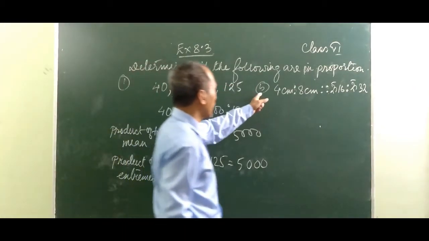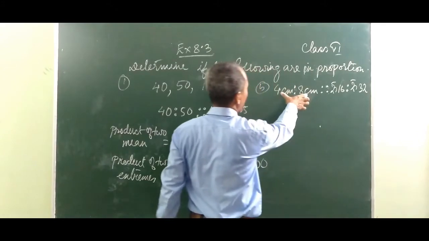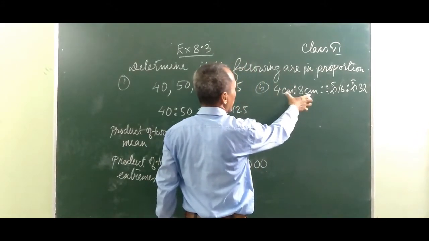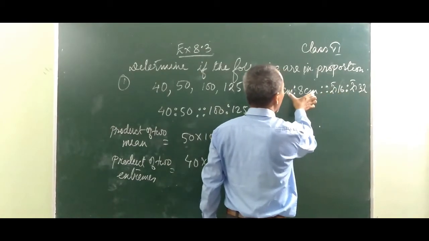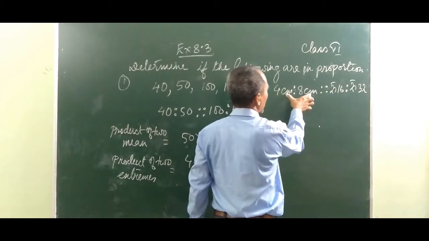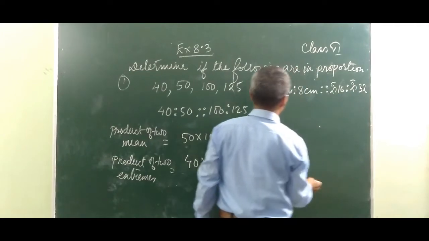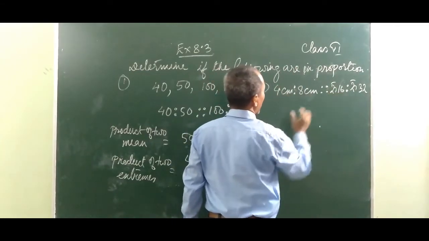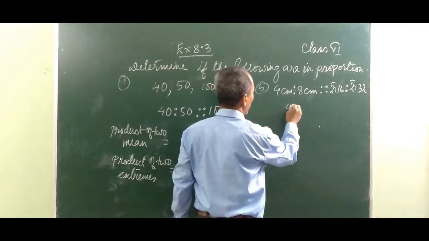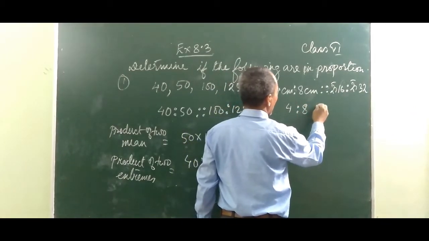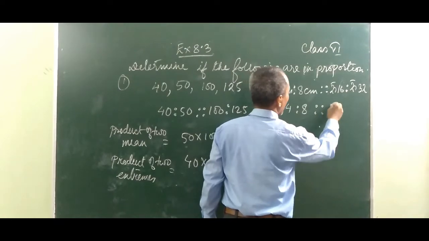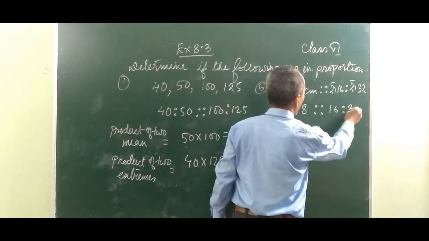Similarly, we see here the units are the same in the two ratios, so we can consider these two ratios equal to these two. But we will see whether they are in proportion or not. So 4 is to 8, 16 is to 32.